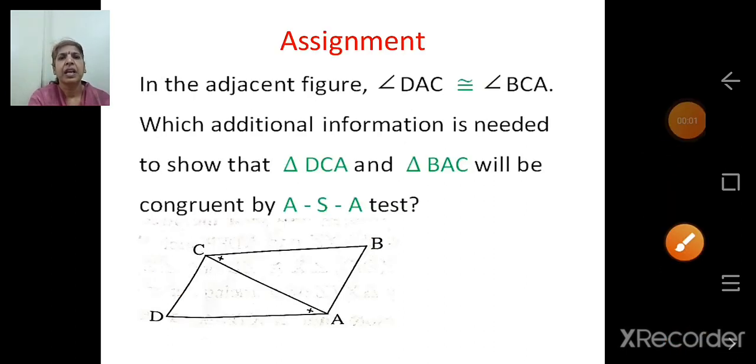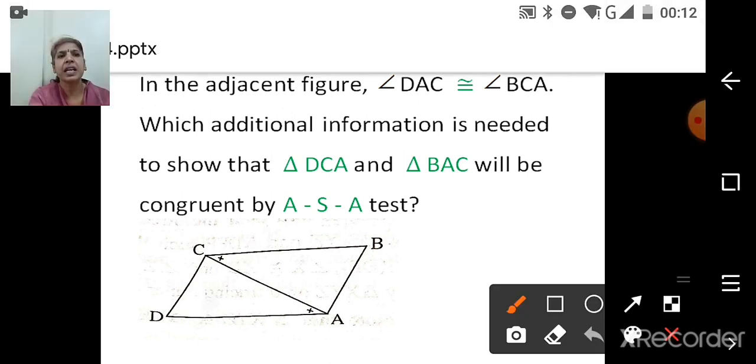Assignment. In the adjacent figure, angle DAC is congruent to angle BCA. Which additional information is needed to show that triangle DCA and triangle BAC will be congruent by ASA test? So here two triangles are given.